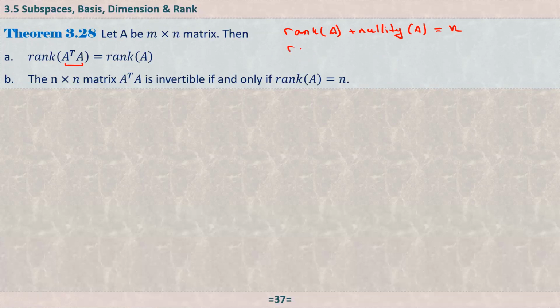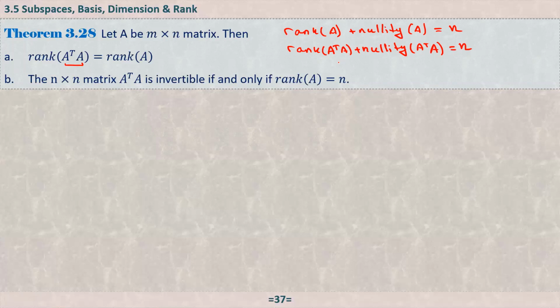And similarly, here I can just write rank of A transpose A plus nullity of A transpose A is equal to n.